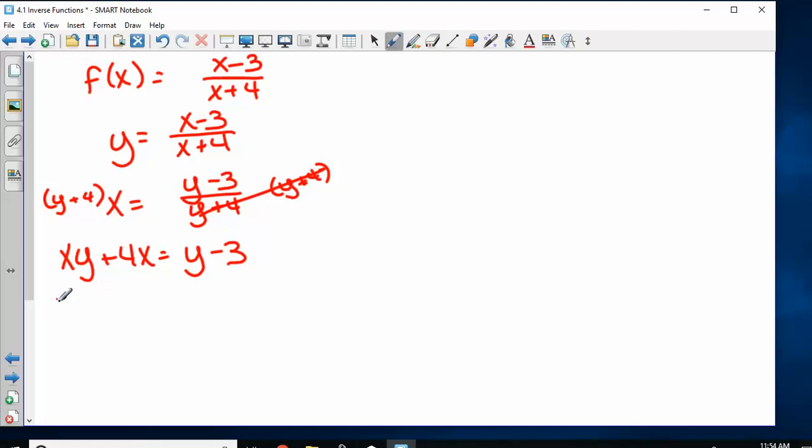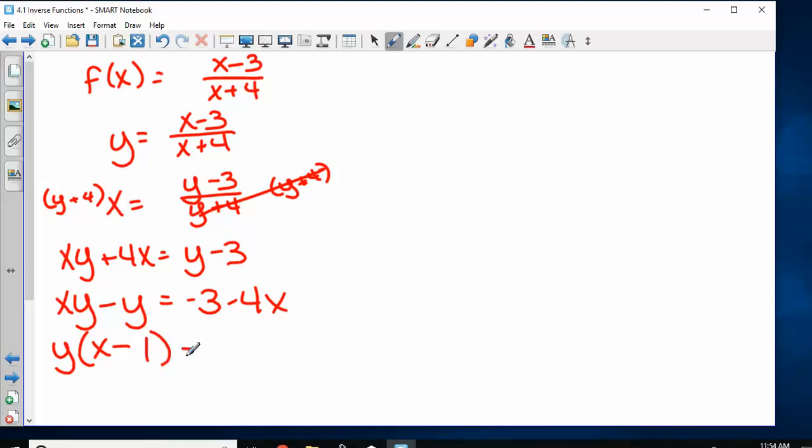Okay, so if you subtract over y and your 4x, factor out your y. When you do that, what's y divided by y? 1, so make sure you have the 1 there. Then you can divide. Final step, you have f inverse.